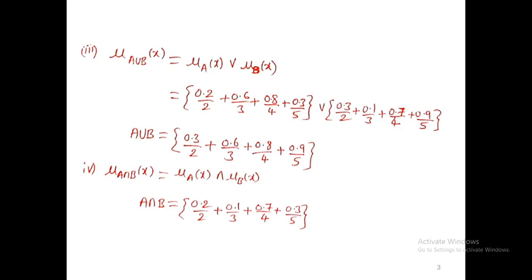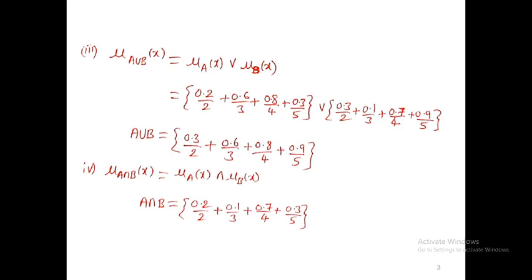The intersecting portion is a very small portion. Union means you take the highest value at the same point from different sets. Whatever the highest value is, you represent it in the union as the resultant. In the intersection, you need to take the least value.